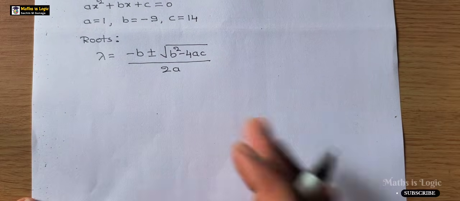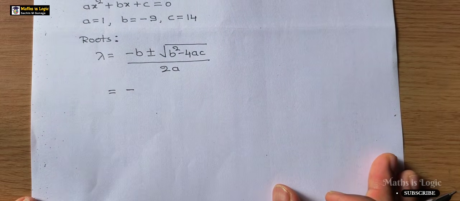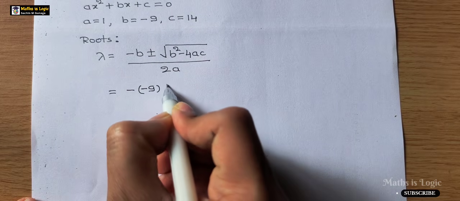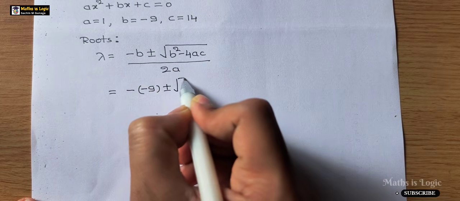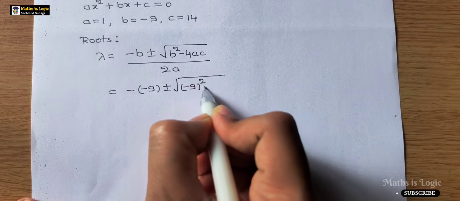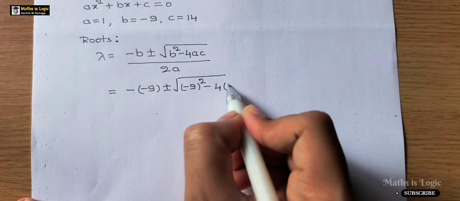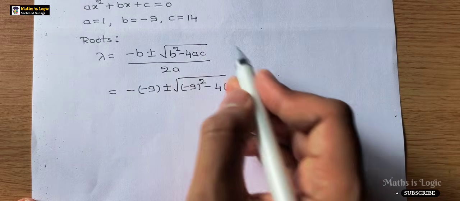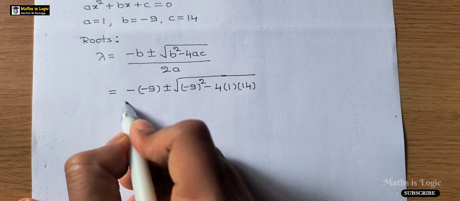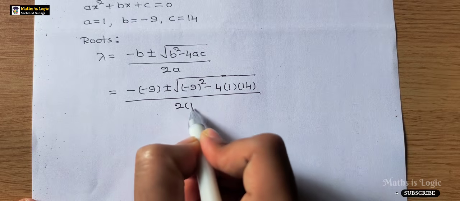Now substitute. First minus, keep it as it is. Next, the b value is minus 9, so in bracket minus 9, plus or minus the square root of b, again minus 9 square, minus 4, keep it as it is, a is 1, into c is 14, divided by 2 into the a value, which is 1.